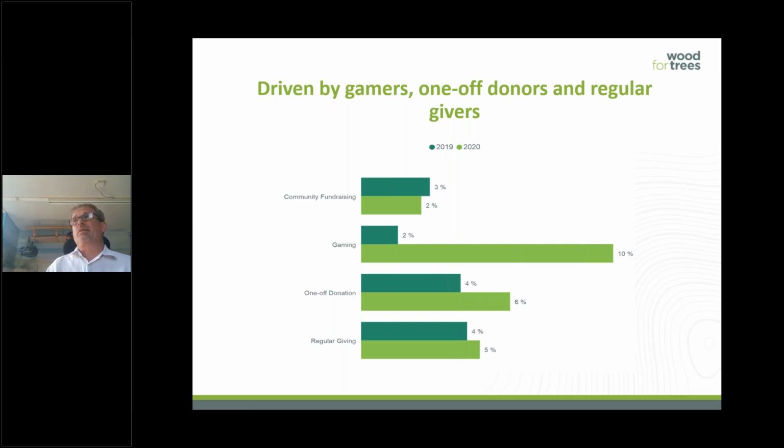Again, the exception there is community fundraising, and I think that's obviously connected to that value metric that I've just shown you. And again, the need to engage and continue these new community fundraising audiences with your charities and make sure they continue to give.